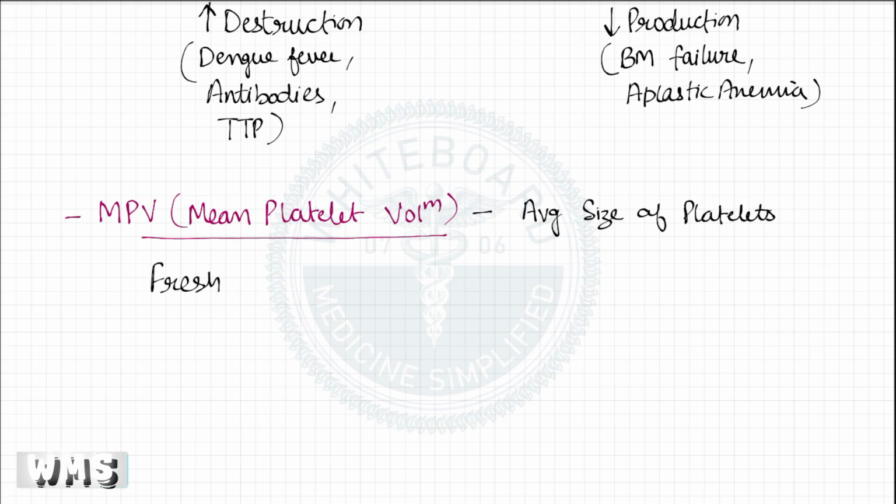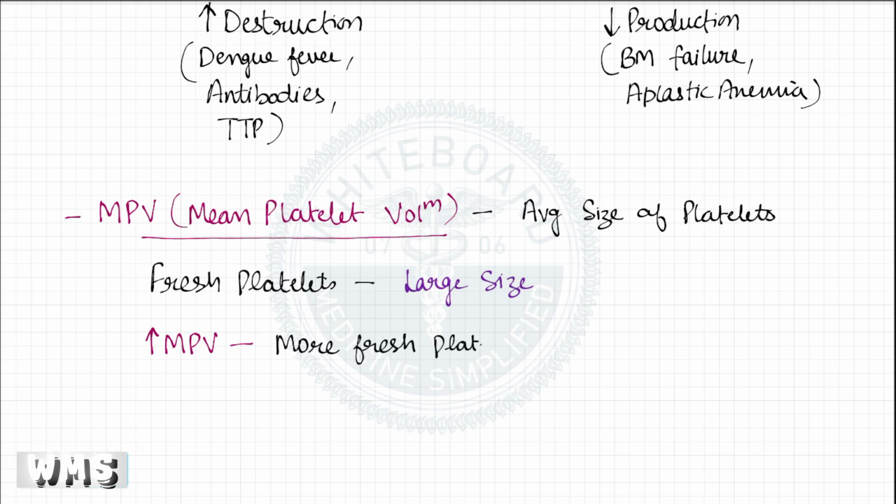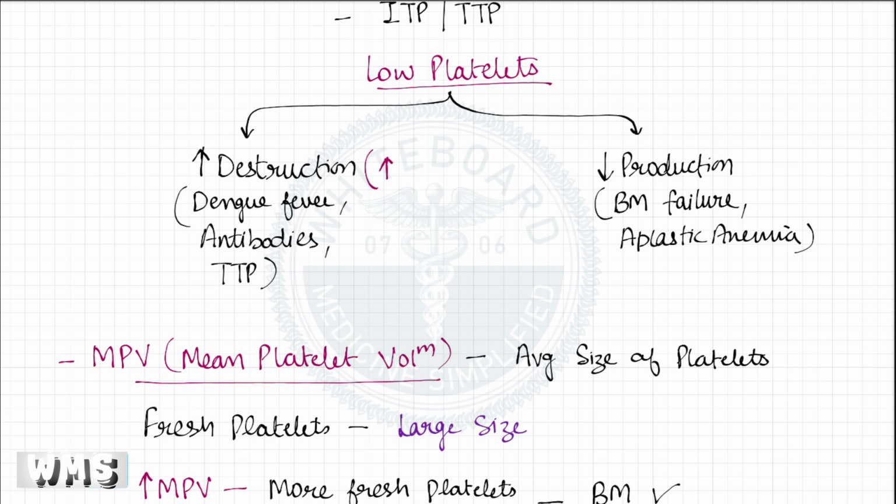MPV tells us the average size of your platelets. Remember, fresh platelets are of large size. So if MPV is more, that means more fresh platelets are there in the circulation, and fresh platelets are only there if the bone marrow has no problem. That means if MPV is high, the reason behind it is destruction of platelets.